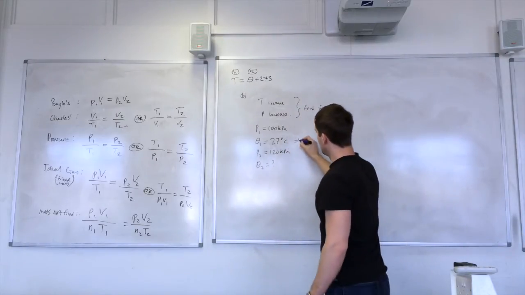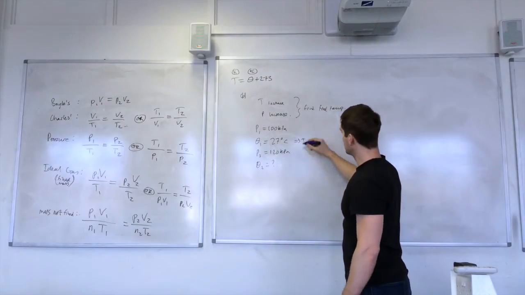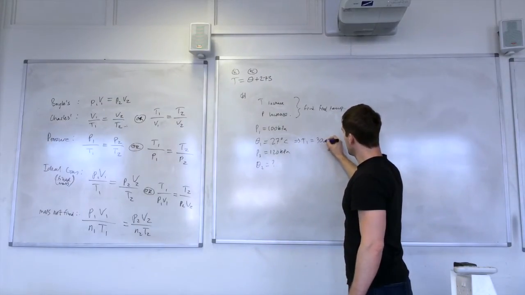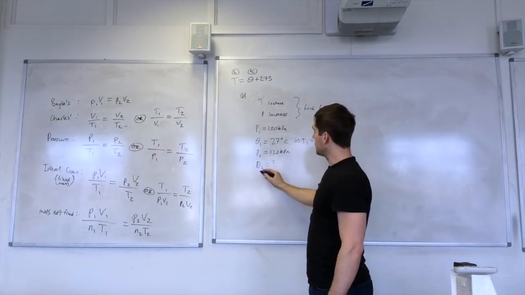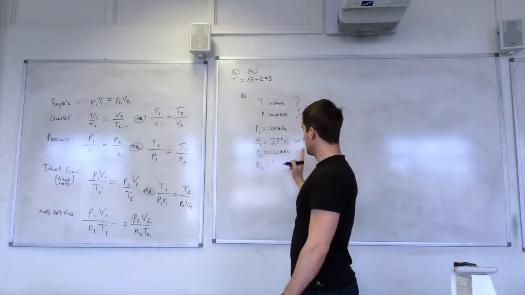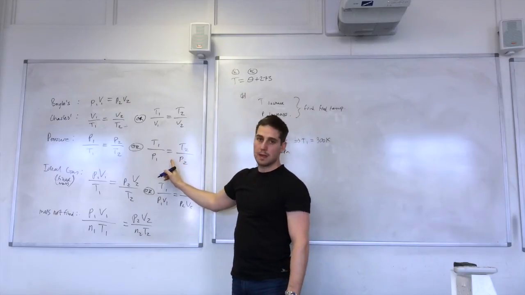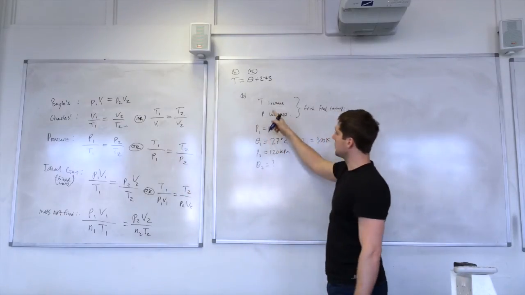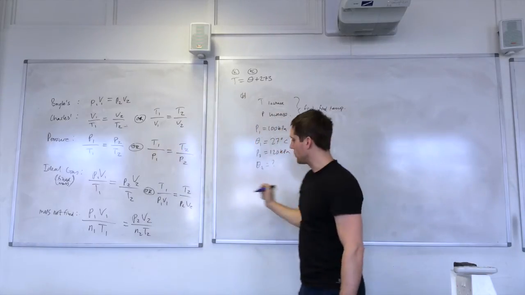This one we need to turn into Kelvin, so that's 300 Kelvin, and we need to find theta 2 or T2 in order to solve this problem. We need to use this equation here. This is the one with a change in pressure, change in temperature, and temperatures on top, so we want to use that one.